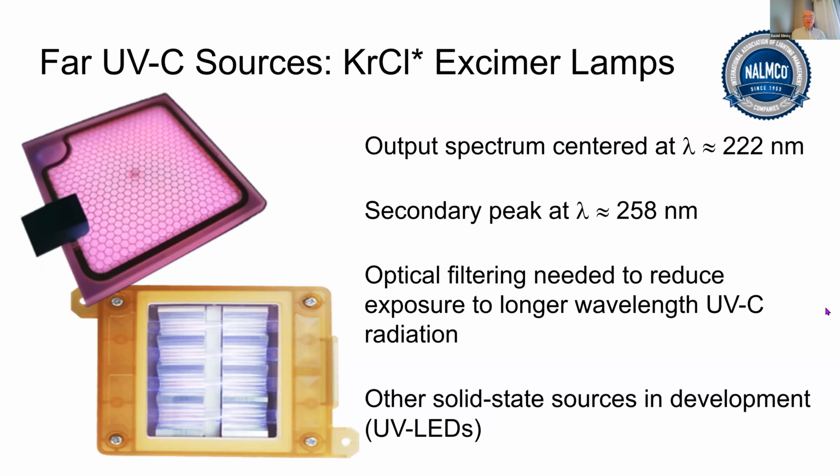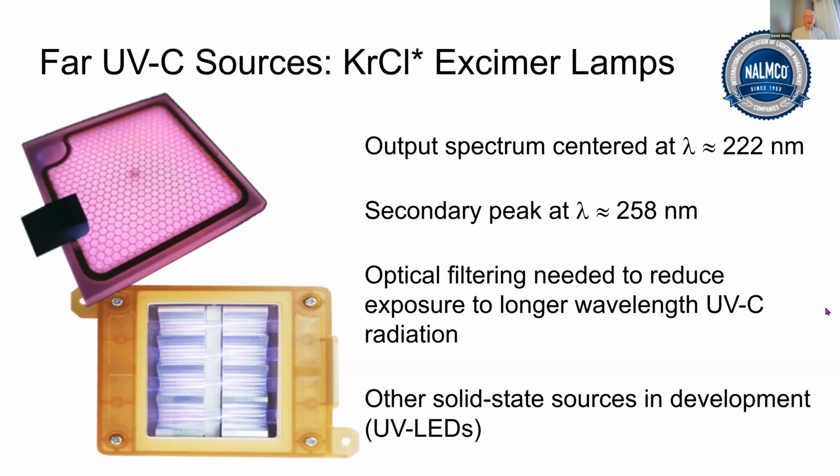There's a secondary peak around 258 nanometers, and there's some UVB coming out of these lamps unless they're filtered. So if you're using krypton chloride excimer lamps, please make sure that it has an optical safety filter to block the longer, more penetrating wavelengths of UVC and the UVB as well.